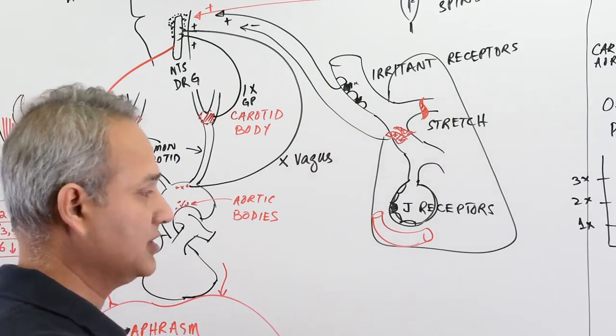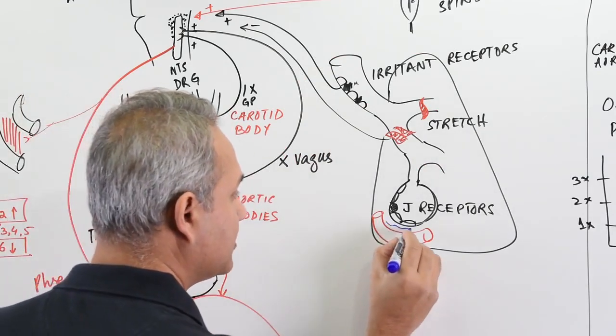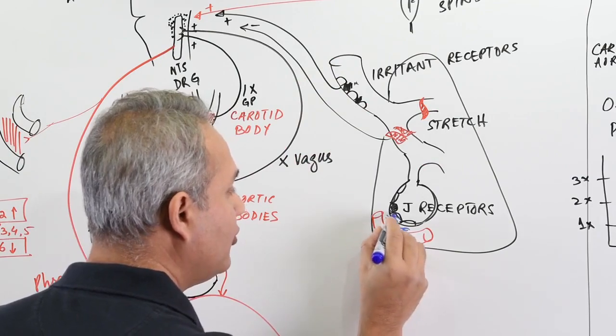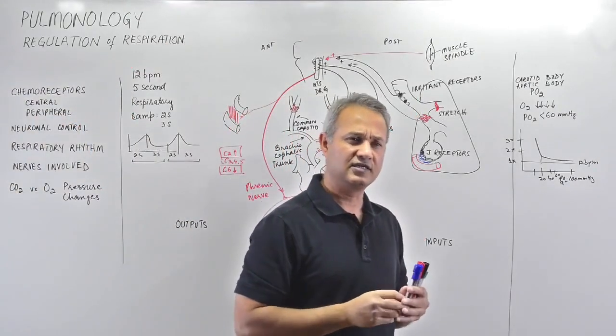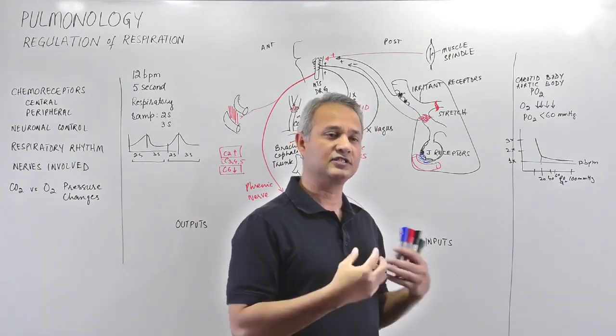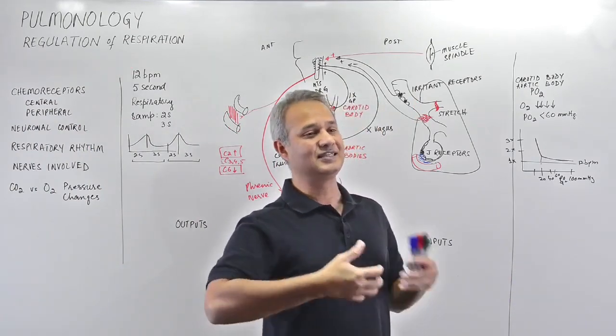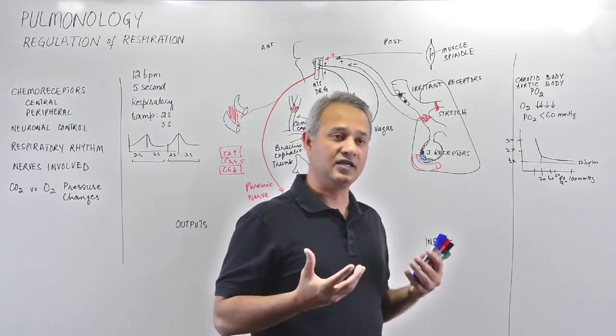These J receptors are triggered when there is fluid present. So when is the fluid present in the lungs? Let's use one, most common is congestive heart failure. When there is congestive heart failure, there is back pressure and the fluids, edema occurs in the lungs.